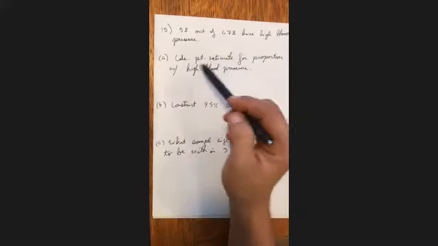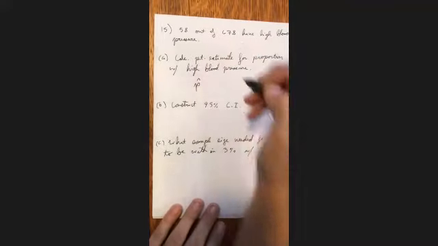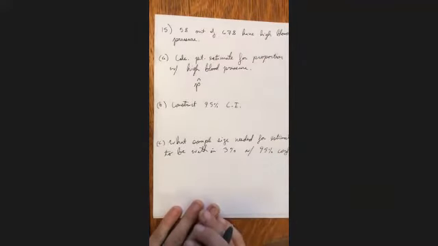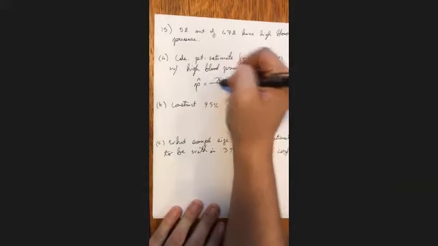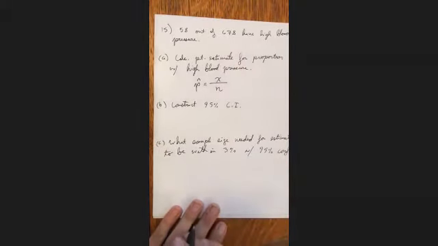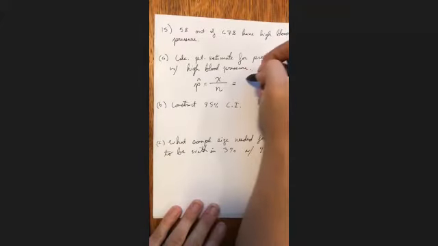Part A says calculate the point estimate for the proportion with high blood pressure. All right. Point estimate. The only point estimator for the population proportion is the sample proportion, p hat, which is simply x over n. So that will be 58 out of 678.